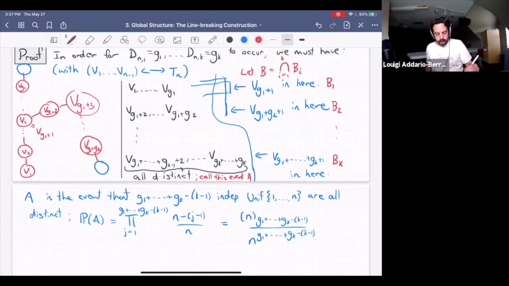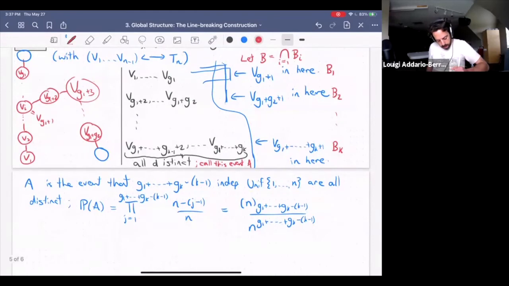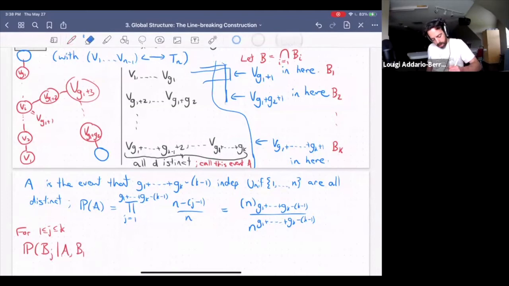And now, how are we going to compute the probability of A intersection B? Well, let's again use Bayes and think about the probability of Bj. So for j from 1 to k, what's the probability of Bj given that A occurs and B1 up to Bj minus 1 have already occurred?